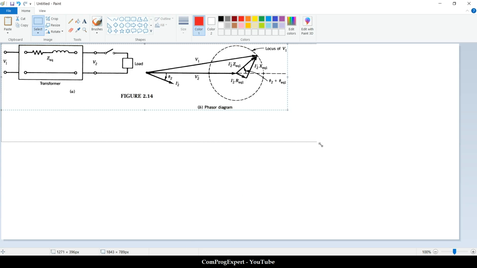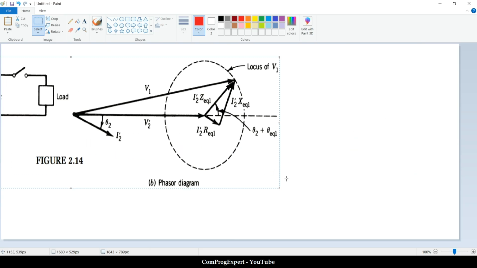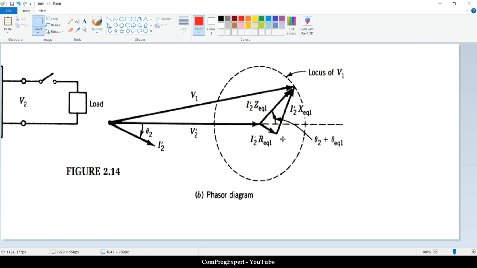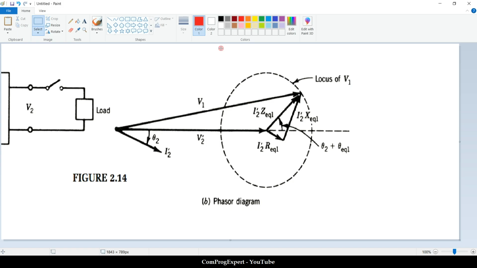let me copy this here. This is the theta 2, depends on the power factor. This angle is theta 2 plus theta equivalent 1, the angle of the internal impedance of the transformer.